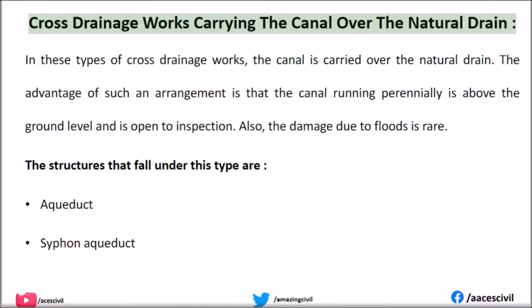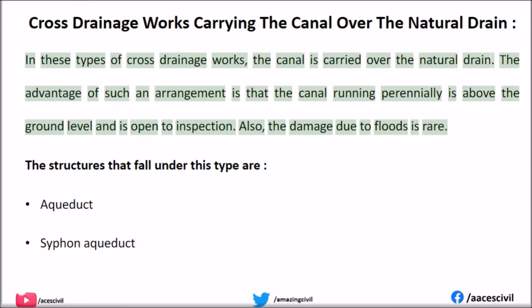Cross-drainage works carrying the canal over the natural drain. In these types of cross-drainage works, the canal is carried over the natural drain. The advantage of such an arrangement is that the canal running perennially is above the ground level and is open to inspection.